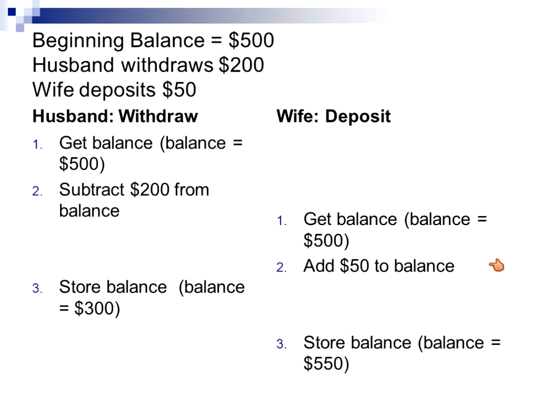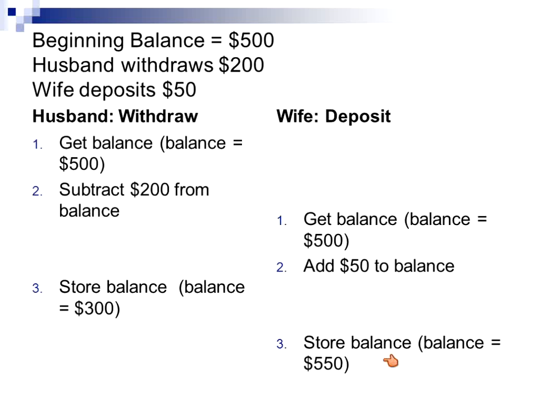Then she adds 50 to her local copy, so she has 550. The husband then stores 300 back out in memory, and then the wife goes back and stores 550 back out, which obviously is the wrong answer here.